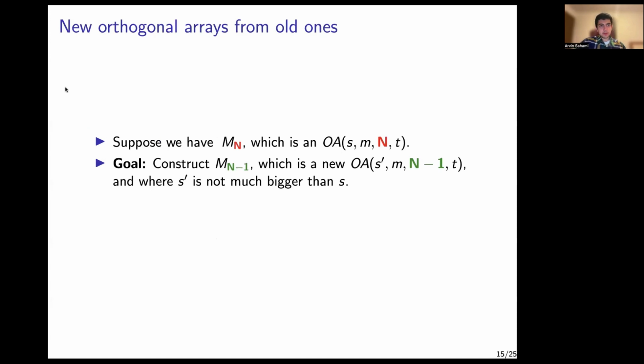So the general theme is that we're going to start from some orthogonal array which is given to us, and then we're going to build up a new orthogonal array based on the old one.